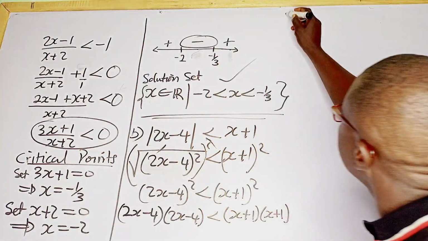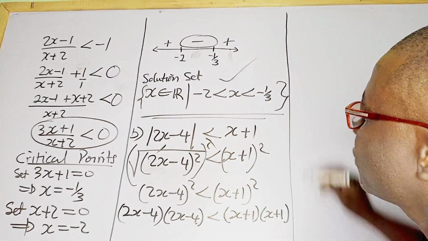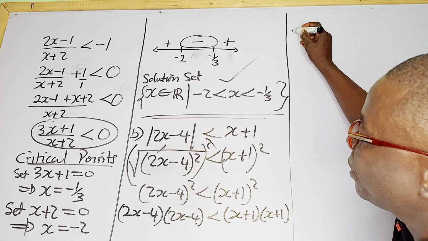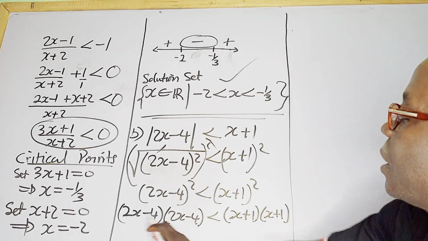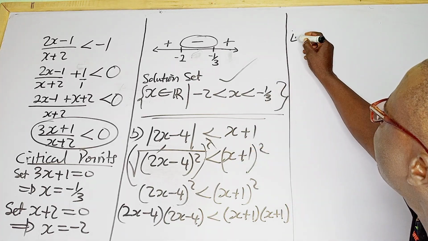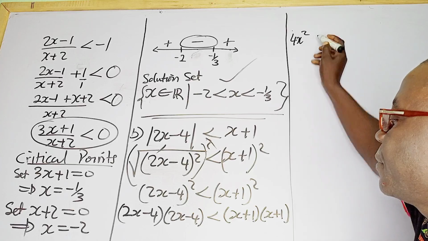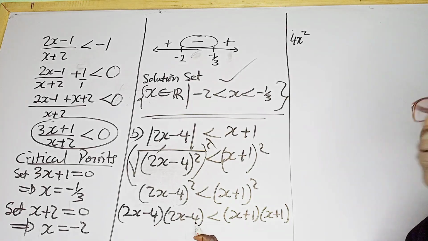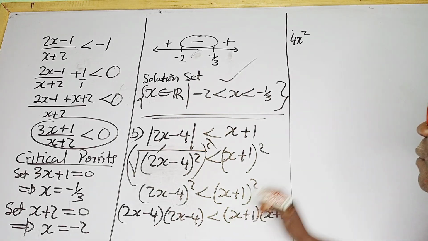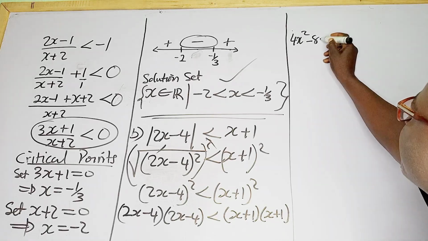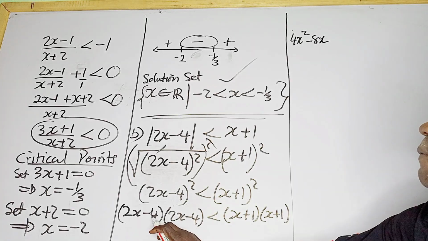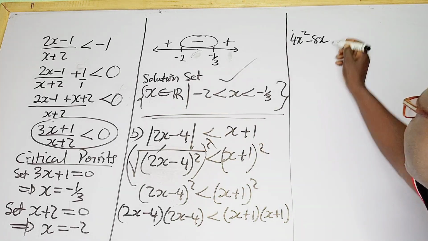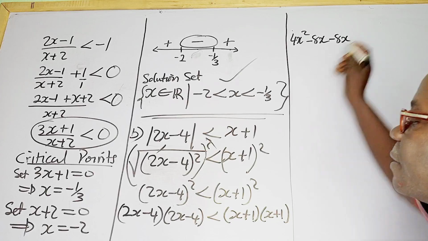Now, let's open it out. We have 2x multiplied by 2x, which gives us 4x squared. 2x multiplied by negative 4 gives us negative 8x. Negative 4 multiplied by 2x gives us negative 8x.